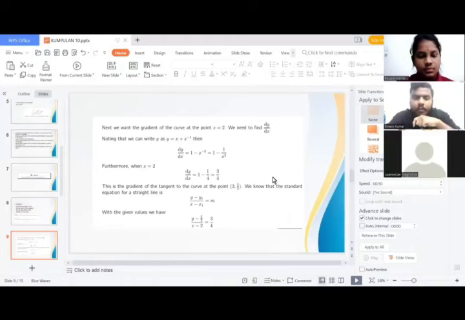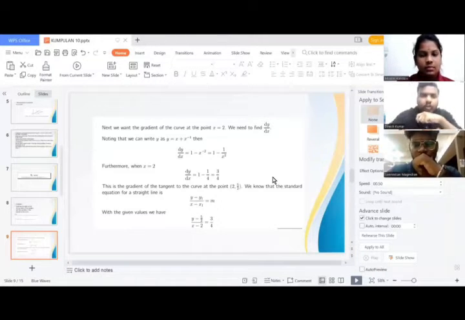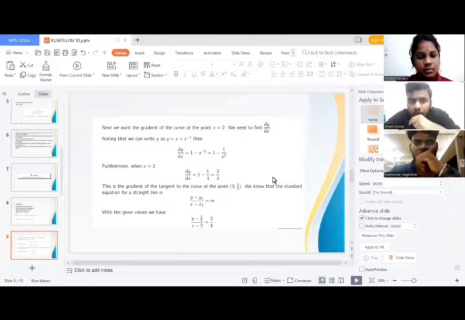Okay, my name is Dinesh Kumar Chandra. Today I will continue our topic, gradient. Next we want to find the gradient of the curve at the point where x equals 2. So we need to find dy over dx. We can write y as y equals x plus x to the power of -1.